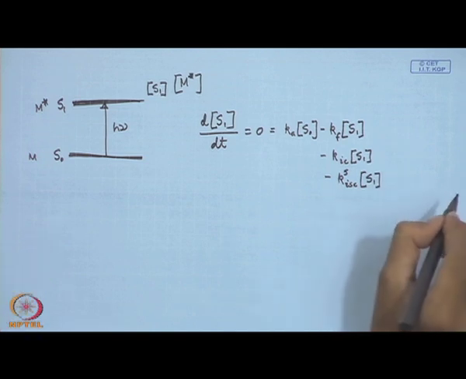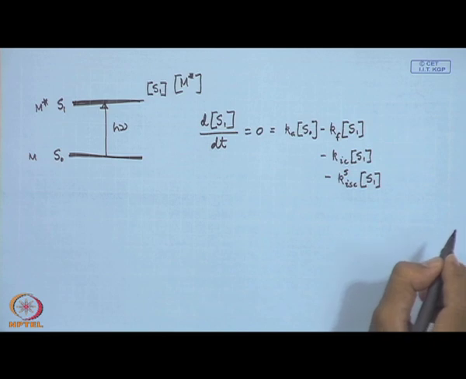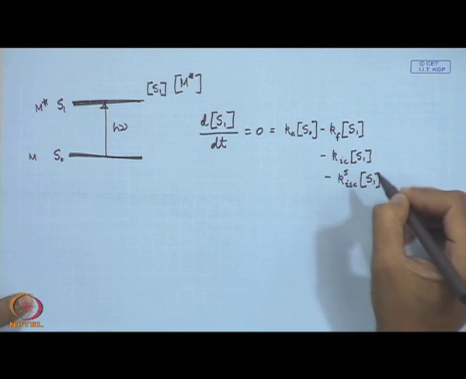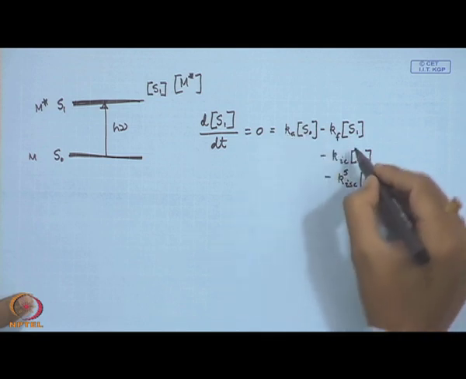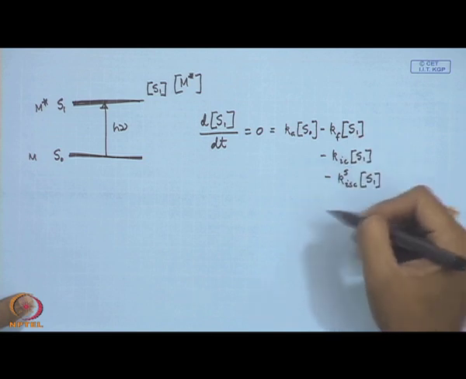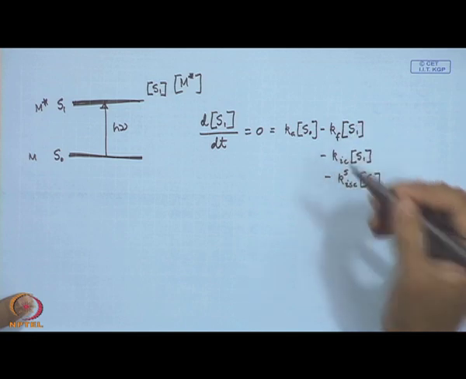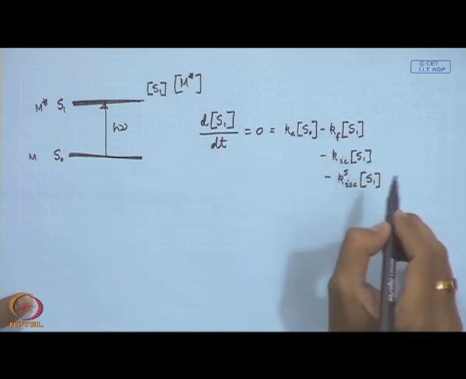So if it is fluorescence, from this we can get a relation between Kf and other factors, or we can find out the S1 concentration, the concentration of the excited species, after applying the steady state approximation, that is, putting it to 0.